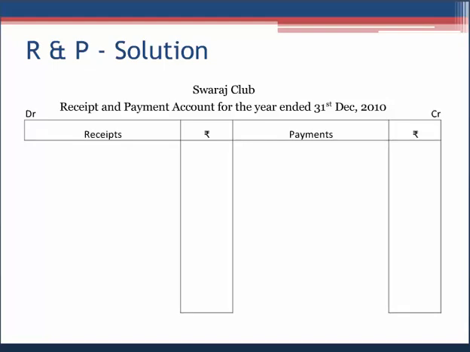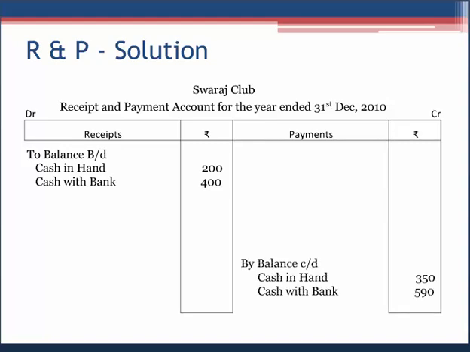As I told you, it should start with the opening balance of cash in bank. To balance brought down, cash in hand, cash at bank 200 and 400. Simultaneously, it should end with the closing balance of cash in bank. So by balance carried down, cash in hand is 350 and cash at bank is 590. Are you clear with that?